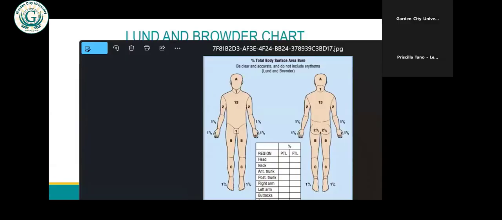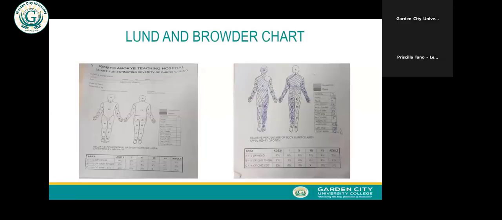So as we've seen here, I wanted us to see a real chart, and you see that there's even the teaching hospital's name in there, so it means that it's in use, right? So whatever figures you find in there are constant.